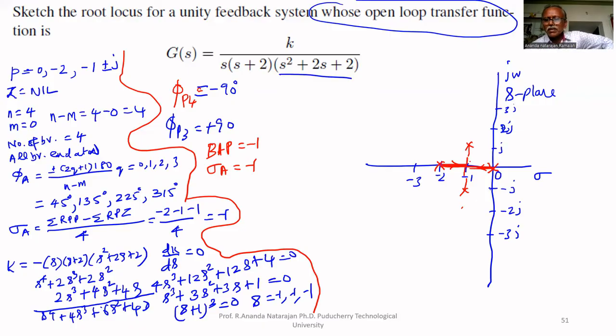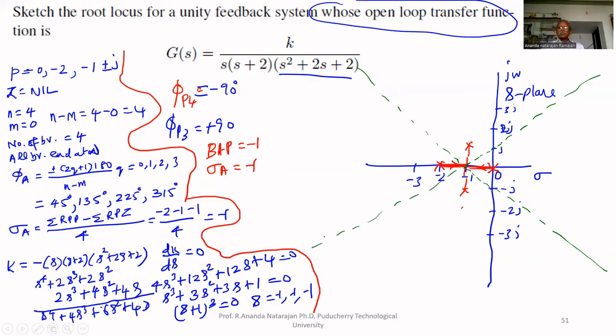So now let us draw the asymptotes. One asymptote is at 45 degrees, so it will go like this. Another one is at −45, that is 315, and goes this way. Another one is 135, it goes this way, and another one is 225, that goes this way.